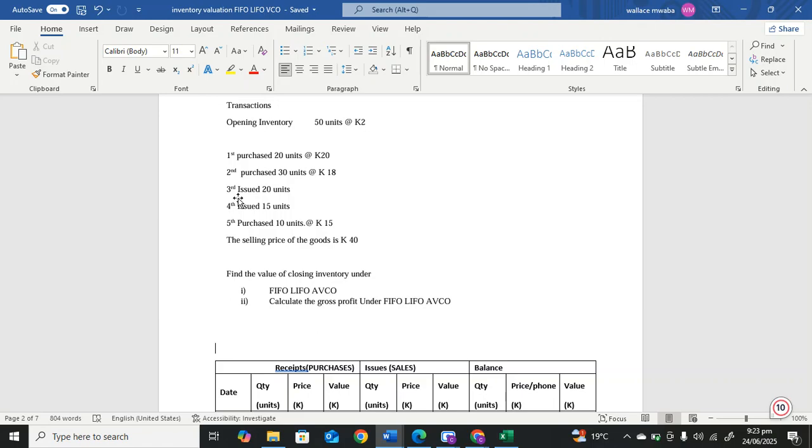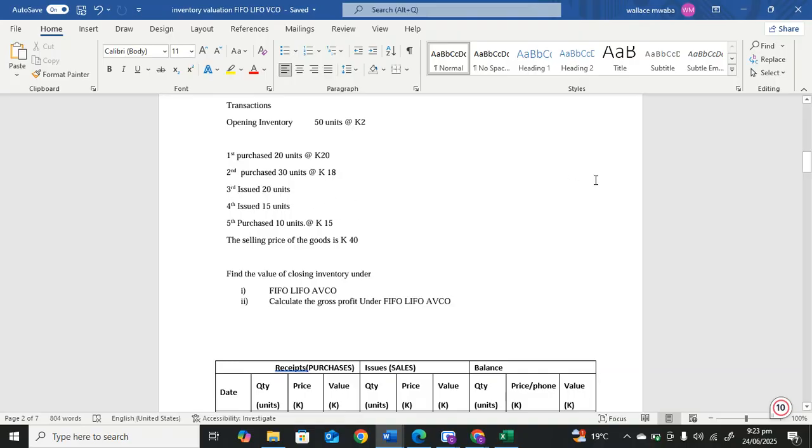Why? Because when you value them at cost, when we end the process, we'll be able to tabulate the cost of goods sold. And also remember, assets are also valued at their cost value. This inventory is also an asset.